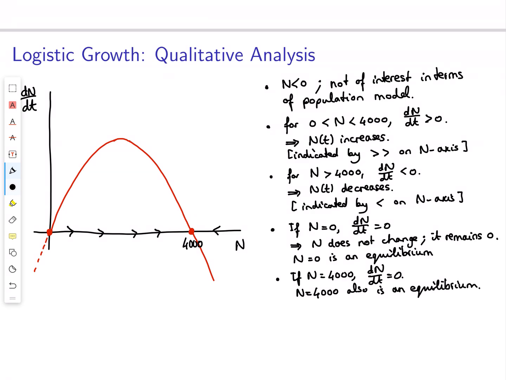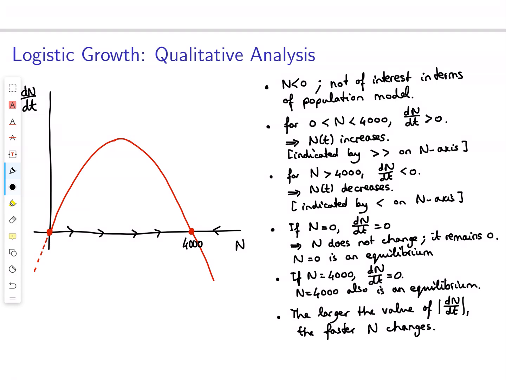Okay, and then the last observation that we want to make is that the larger the value of dn/dt, or really the magnitude, the larger the magnitude of dn/dt, the faster n changes.